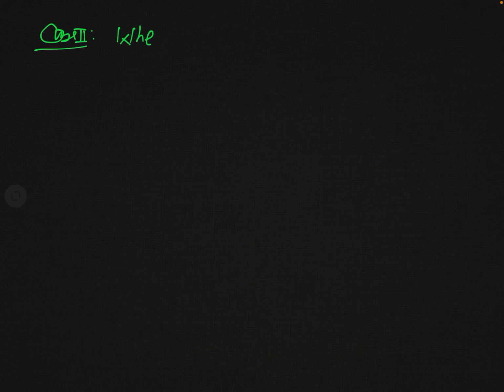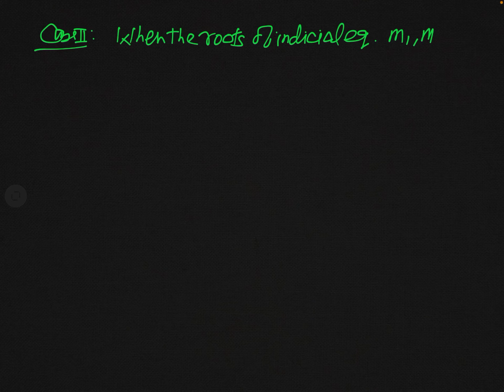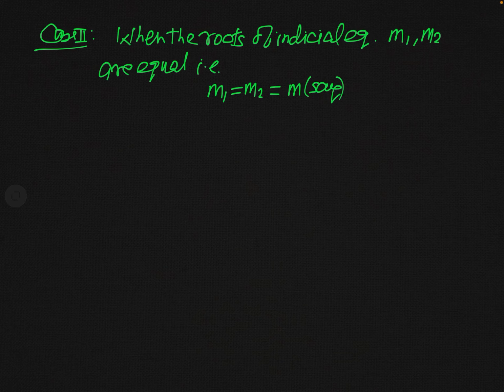So when the roots of the initial equation m1, m2 are equal, that is, m1 is equal to m2, and if both are equal you can say this is equal to m.